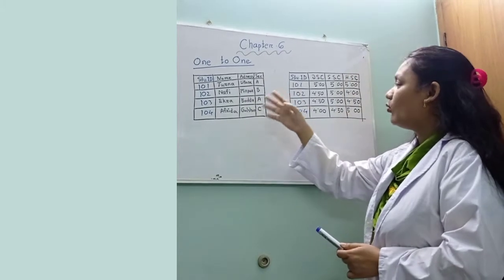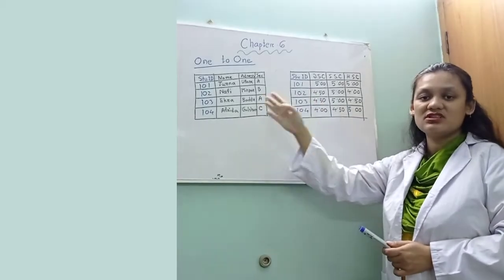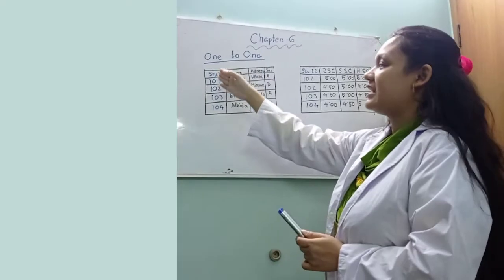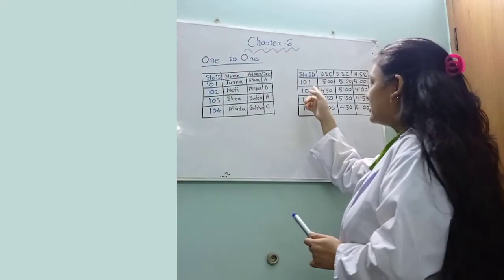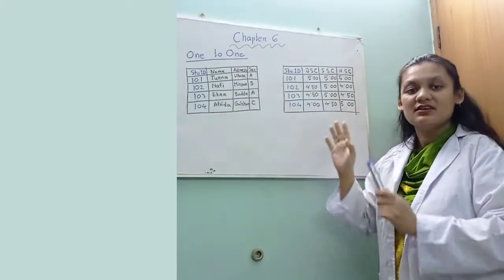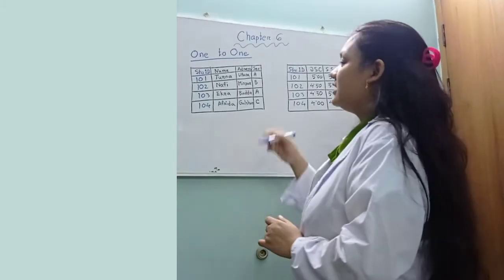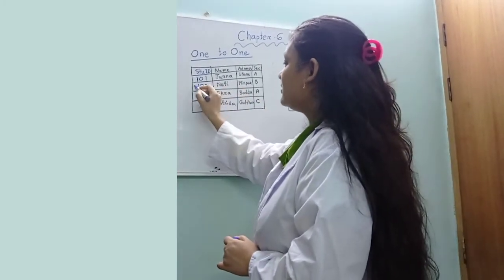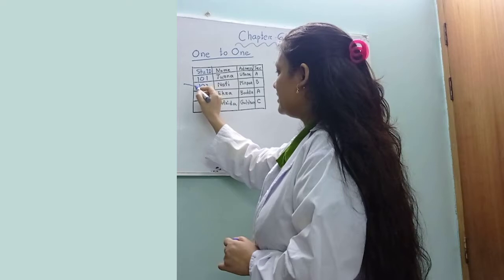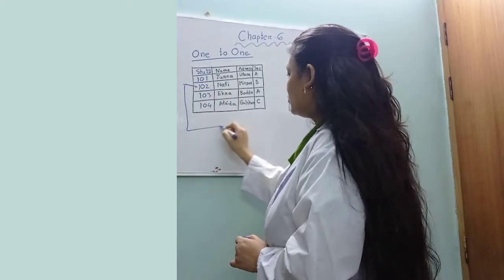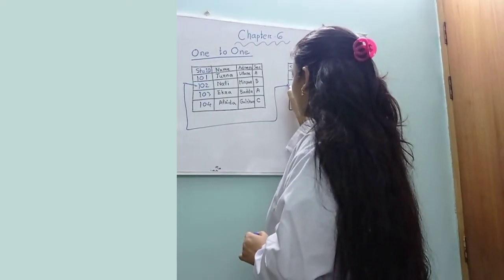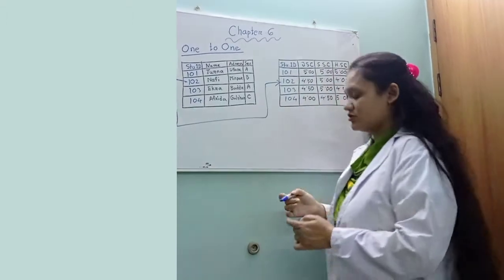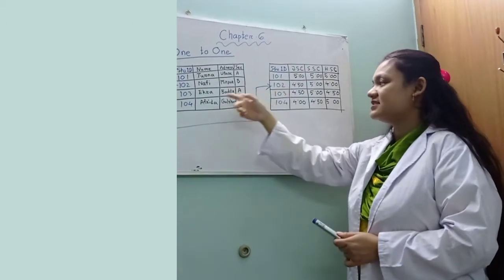Okay. If we focus, one thing is similar between these 2 tables: the student ID and student ID. These 2 fields are the same. So if I pick one specific ID from this table, this will definitely be connected or linked to this table also, because the student ID is the same.